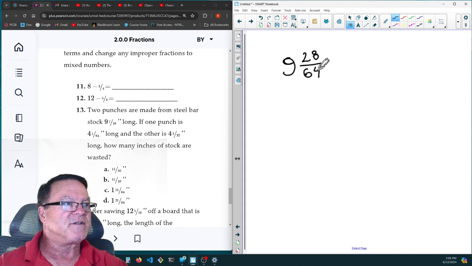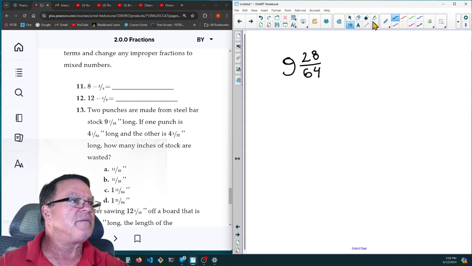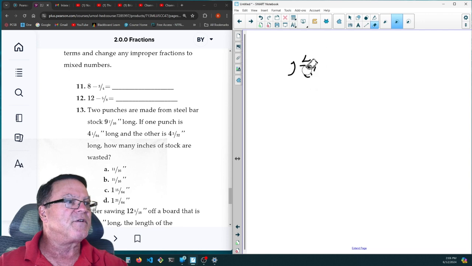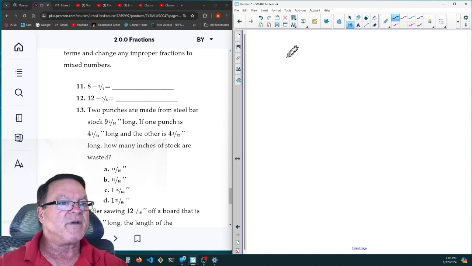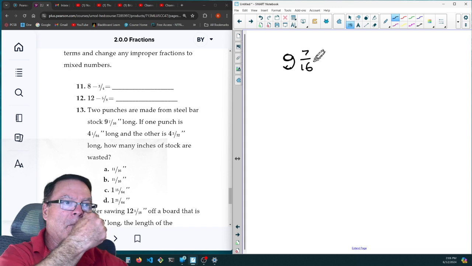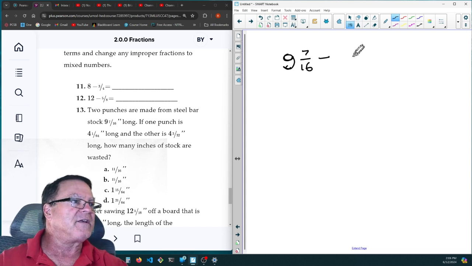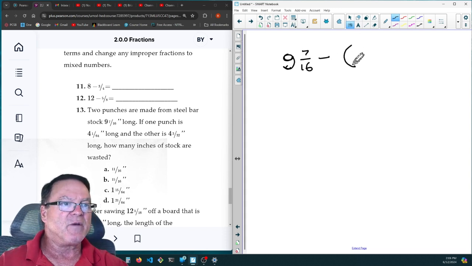I apologize. What I did was I multiplied 7/16. You know what? Okay, let me start over. I don't want to skip any steps. 9 and 7/16. That's how long our piece of stock is. Minus, now I'm going to add these two numbers together.